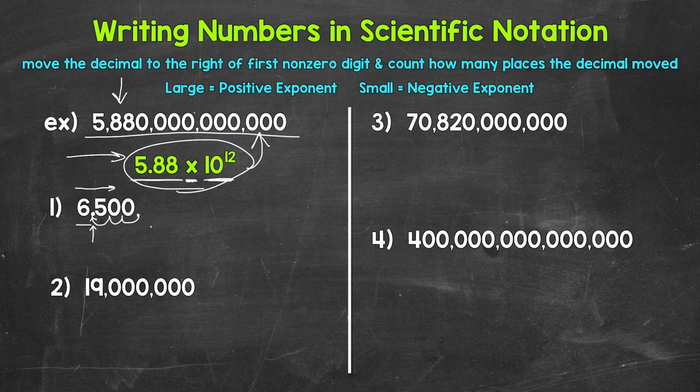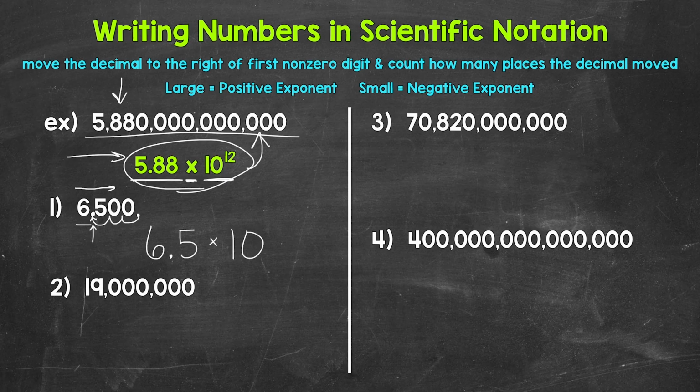So what we do, we write 6.5. Now we need to leave any zeros to the right off. We don't need those. We are condensing this number. And then we need to multiply this by a power of 10. Now we need an exponent. And our exponent is going to be how many places the decimal moved. And that was 3.